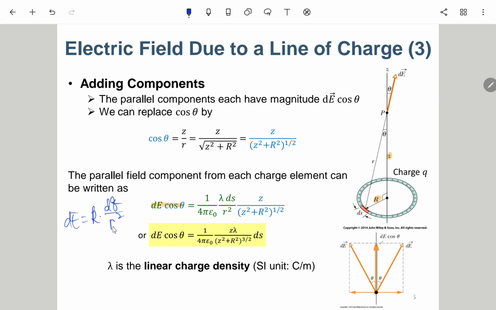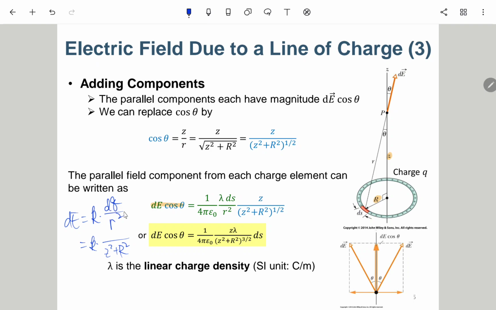Okay, r squared. So similarly r squared will be z squared plus capital R squared. So here we have k over z squared plus capital R squared.